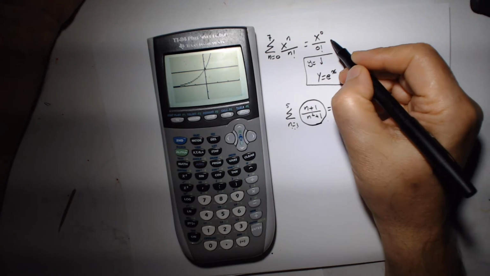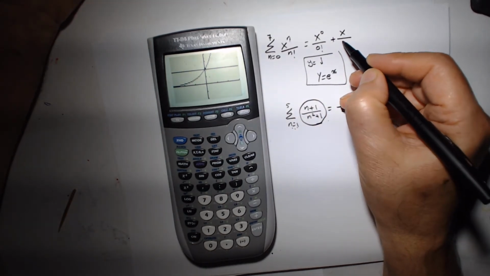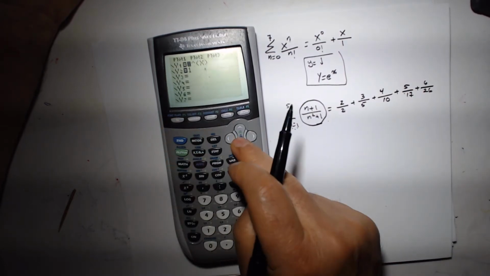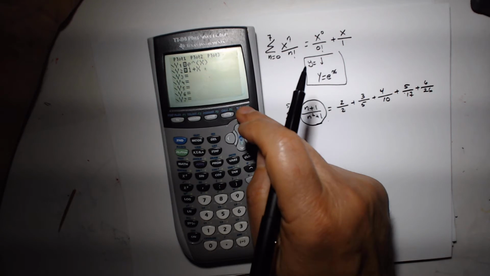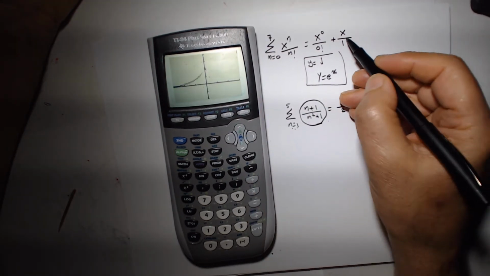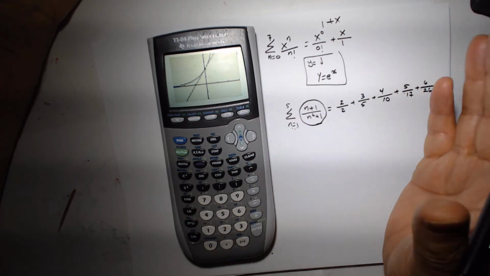I said, I'm going to add another term. I'm going to make this one a 1, and 1 factorial is 1. I'm going to put plus x. See, that 1 plus x is tangent to my graph.